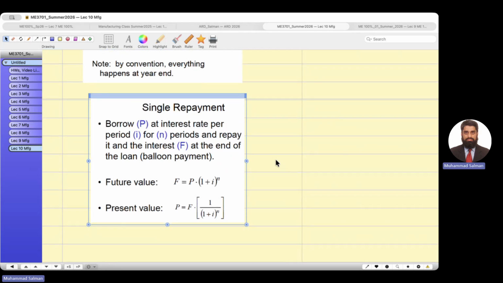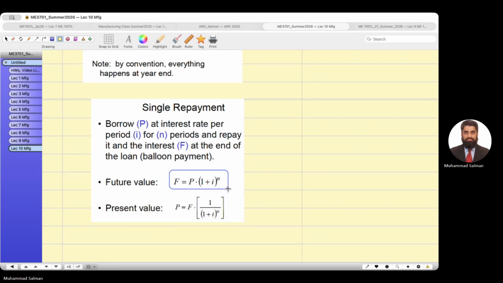So this is the formula. Please write down this formula to find the future value if you invest, and this is the same formula written in a different way.